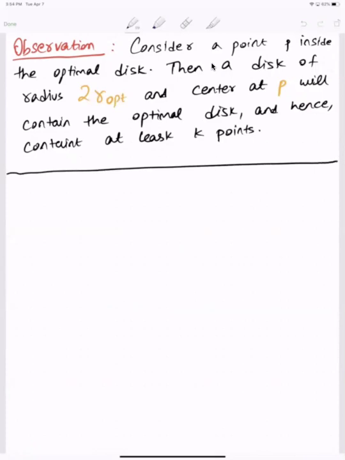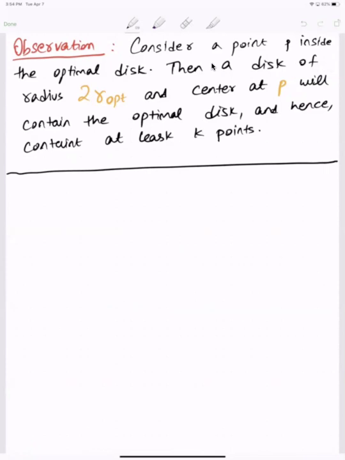So now, based on this observation, there are actually two algorithms which can be presented. One is a deterministic algorithm, and the other is a randomized algorithm. I'll only present the deterministic algorithm here, and I'll leave the randomized algorithm as an exercise.